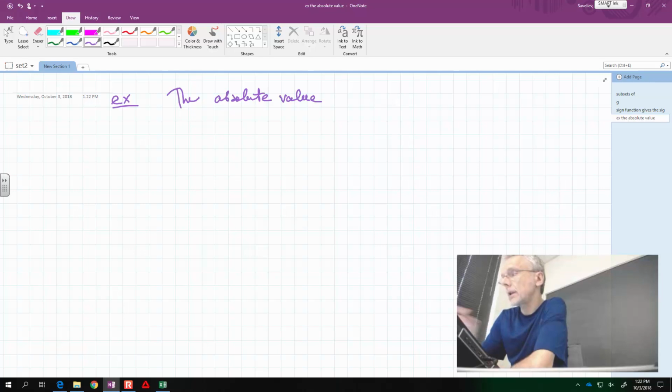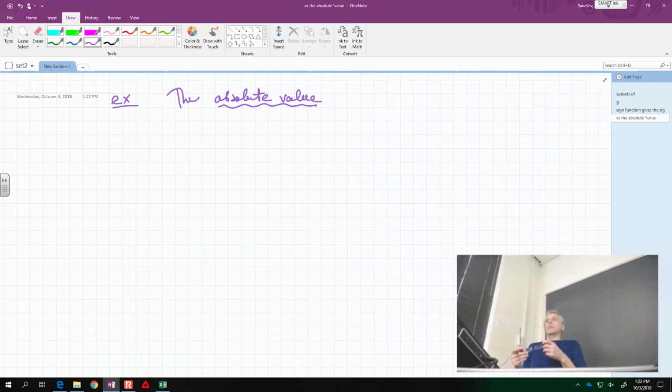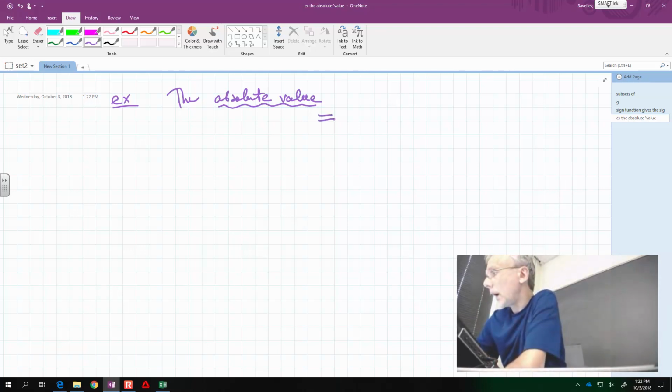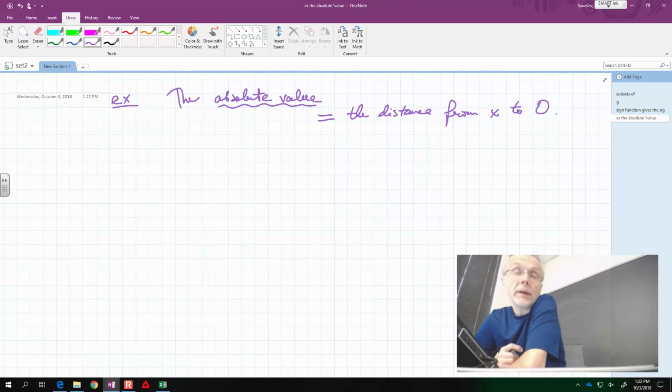What does the absolute value do? It makes everything positive. Or like it tells how far away it is from 0. Right, yeah, okay, let me write it down. The distance from x to the origin. Okay? So that is a geometric explanation.